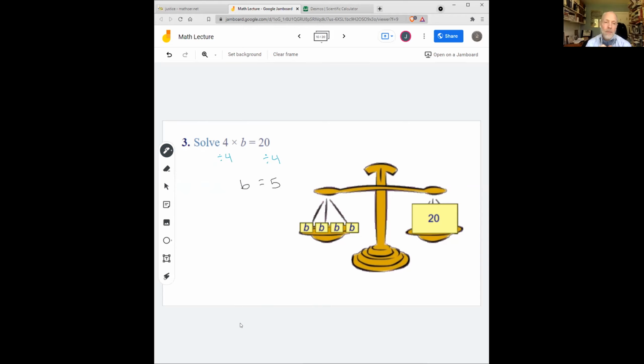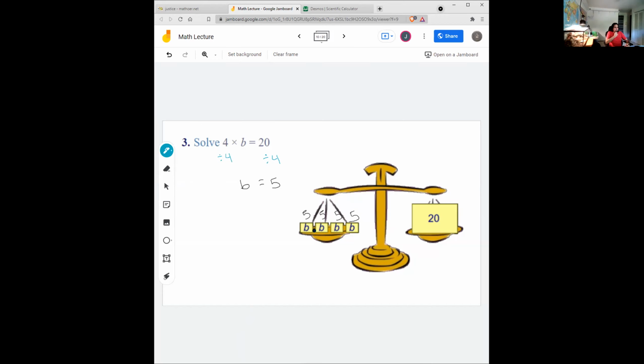Each b will end up weighing 5. That's true. Where's the divided by 4? Because there are 4 Bs on the scale.